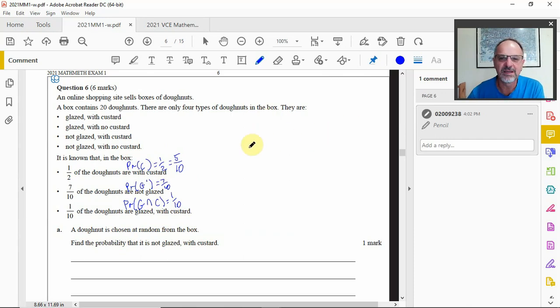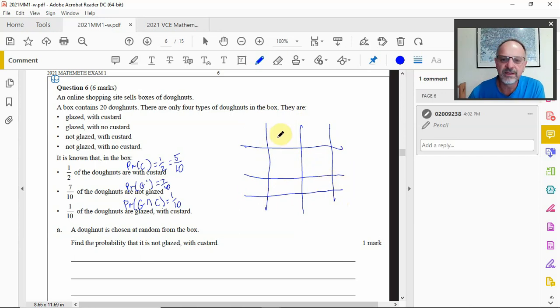All right, so the simplest thing to do is quickly to do a Karnaugh map, two-way table. Different people have different names. And I need another column and another row. So here's my custard and here's my not custard. Here's my glazed and my not glazed.